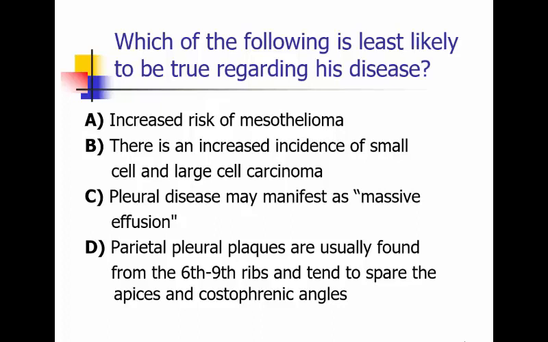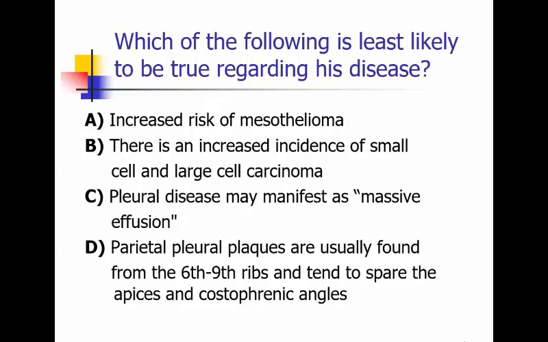Increased risk of mesothelioma, is this true or wrong? Does exposure to asbestos increase the risk of mesothelioma? For sure. There is an increased incidence of small cell and lung cell carcinoma, increased risk of lung cancer in patients with mesothelioma. Lung cancer, yes. Pleural disease may manifest as massive effusion.